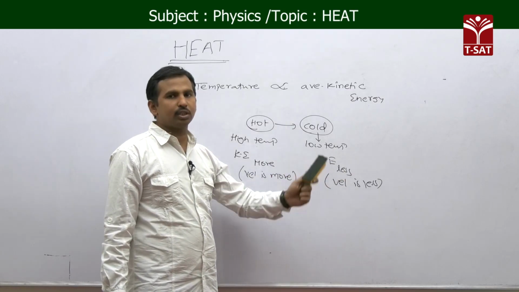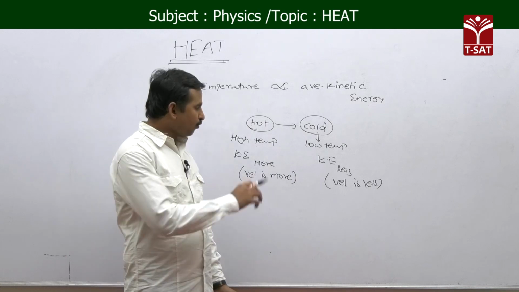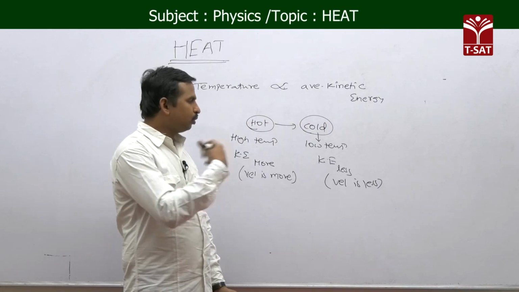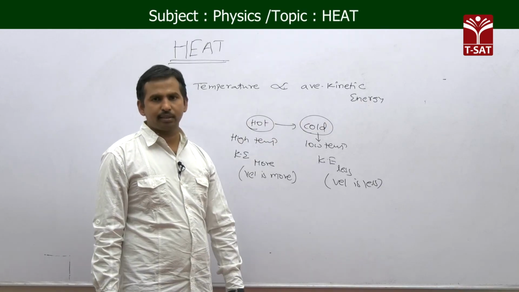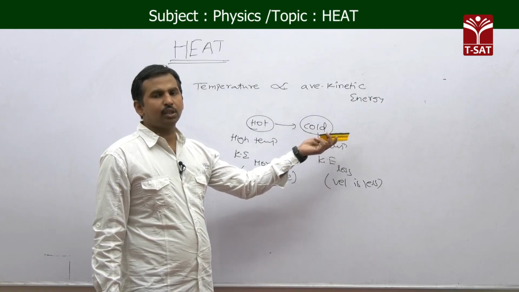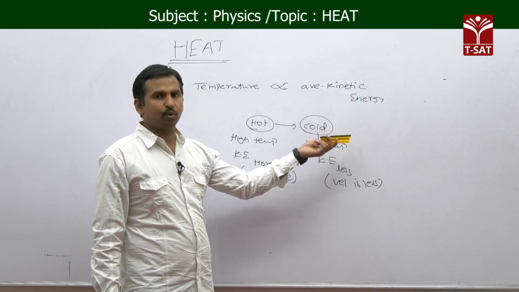During this collision, the fast moving particles transfer their energy to the slow moving particles, so there is an increase in the kinetic energy of the particles of the cold body.